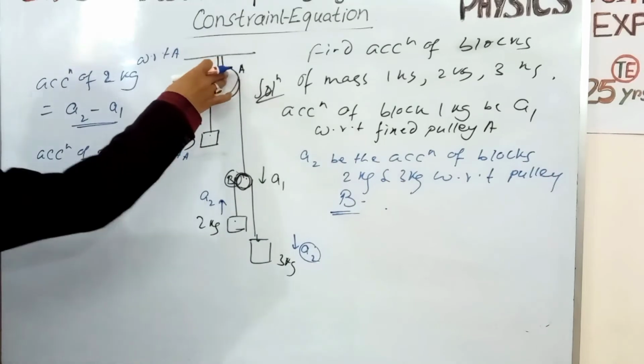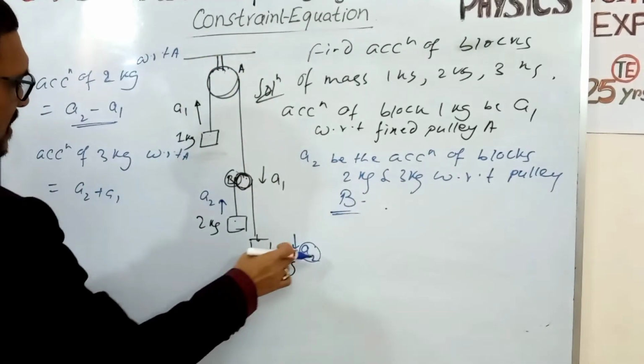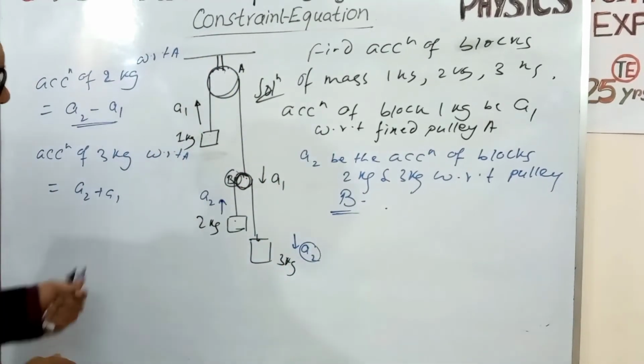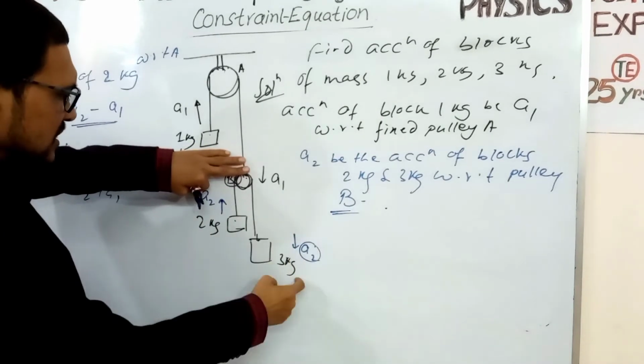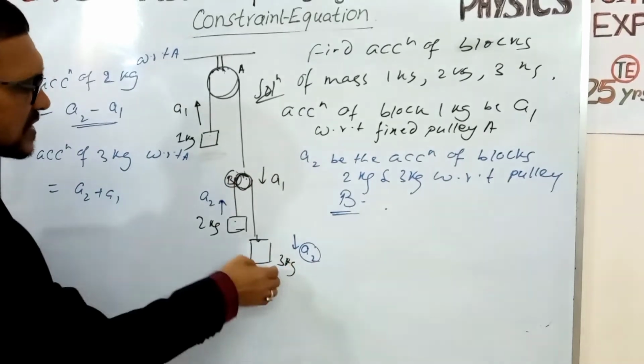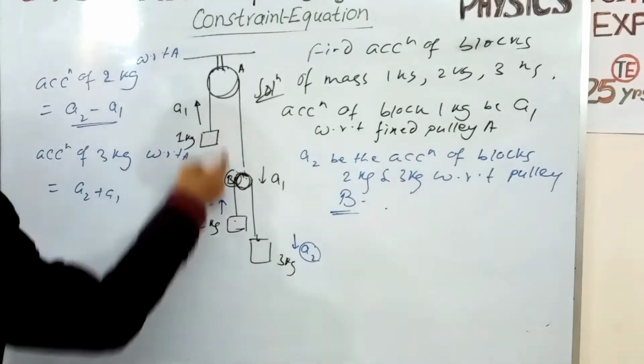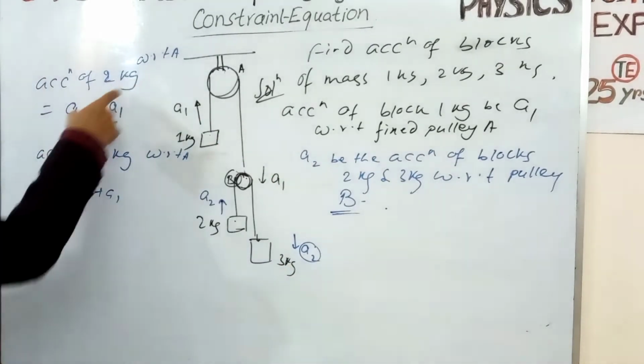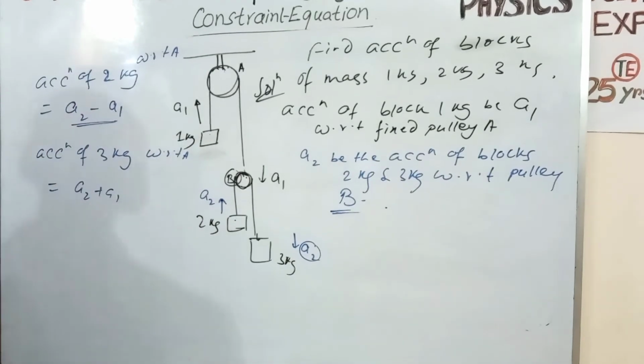If a1 and a2 are in the same direction, they will be added, and if a1 and a2 are in opposite directions, they will be subtracted. So the acceleration of the 2 kg block is this, and the acceleration of the 3 kg block is this.